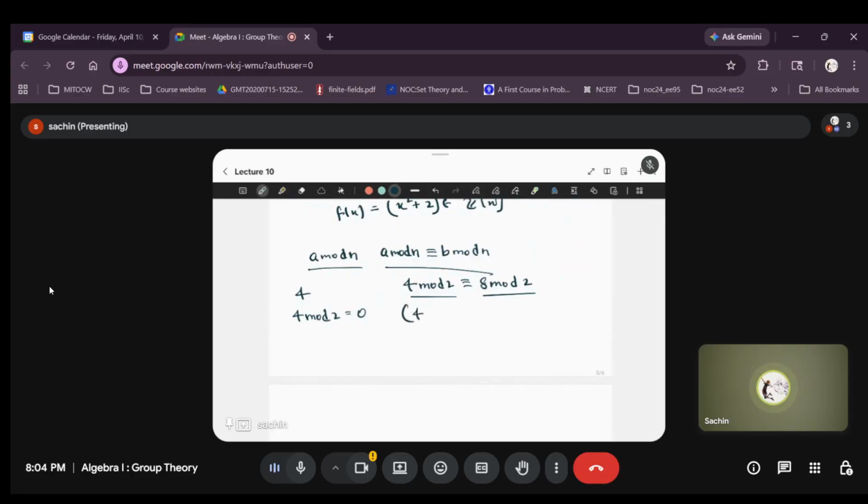So 4 and 8 are in a relation. So 4 and 8 belong to the same equivalence class, if the relation is congruency modulo 2. Do you understand?